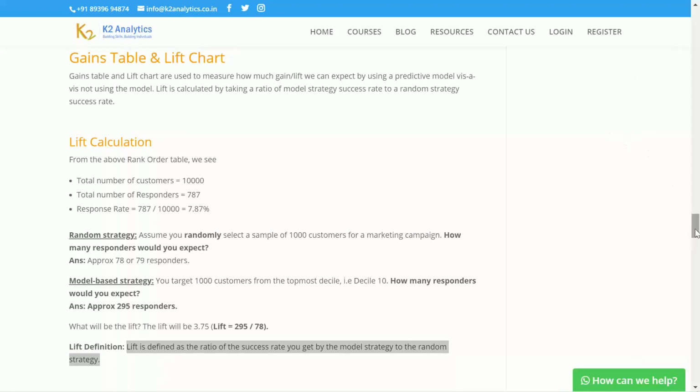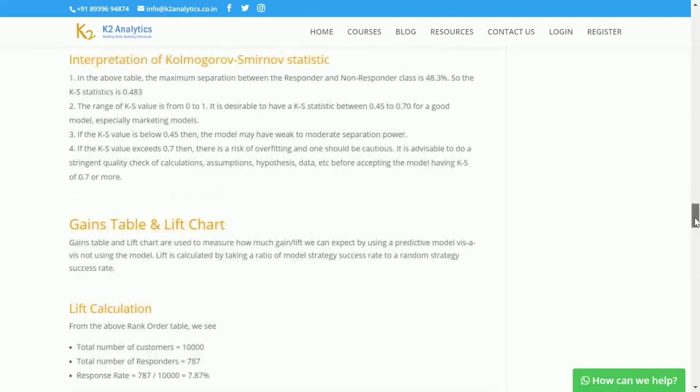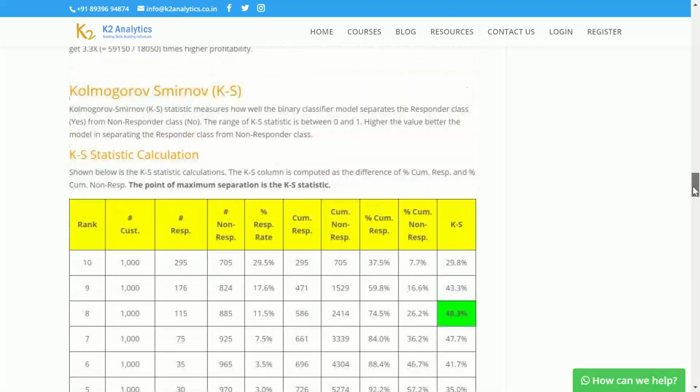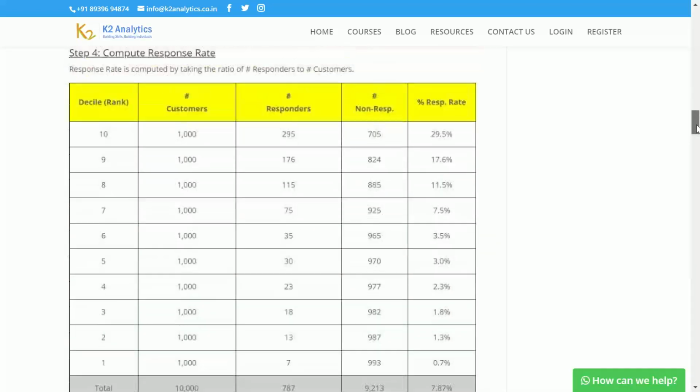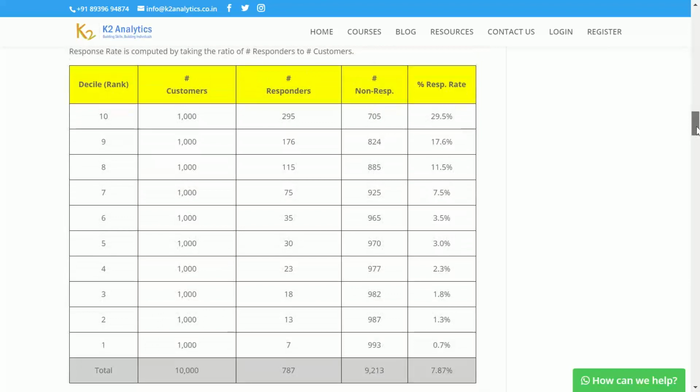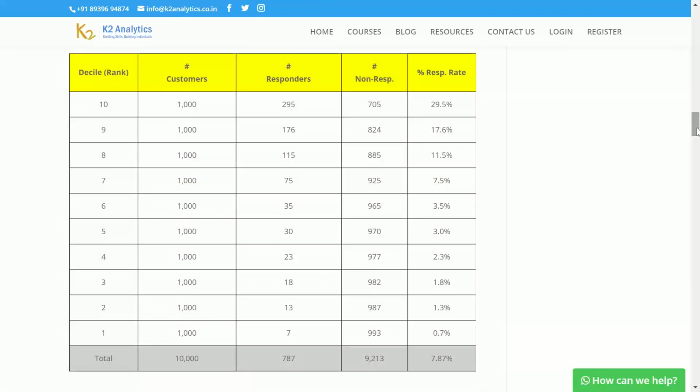Whether you have understood or not, let us try to see by giving a problem statement. So I come back to my main response rate table. Assume you are selecting 2,000 customers randomly. Calculate the number of responders that you are expected to get based on the random strategy.